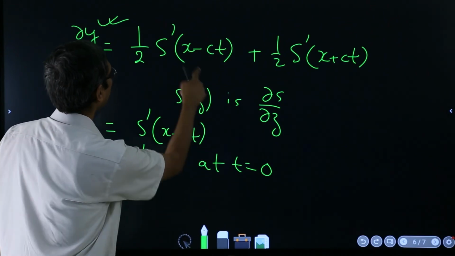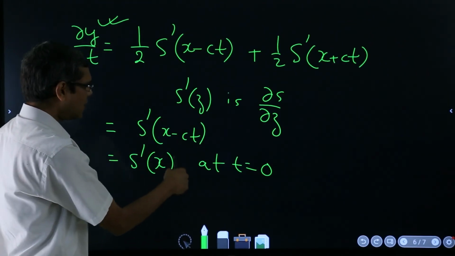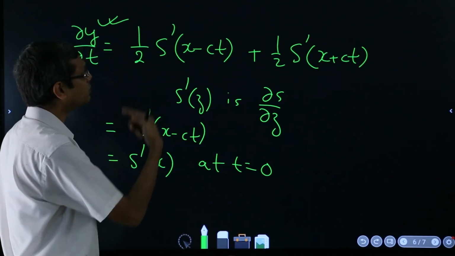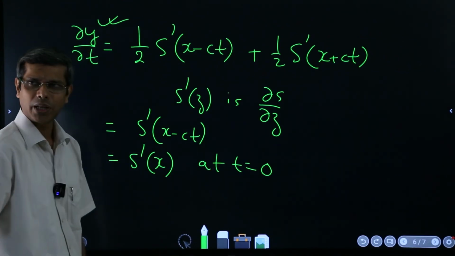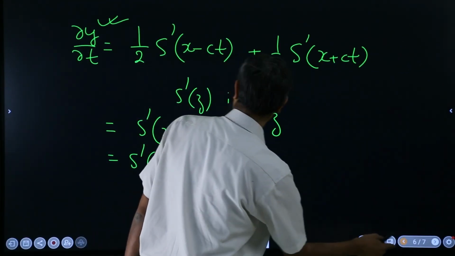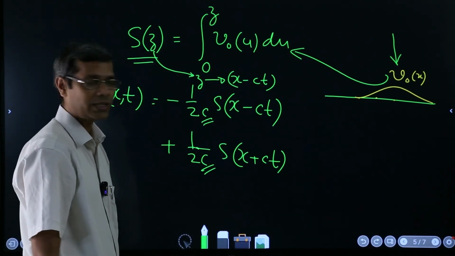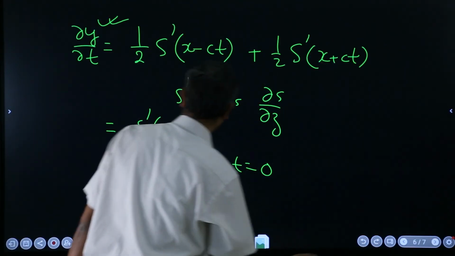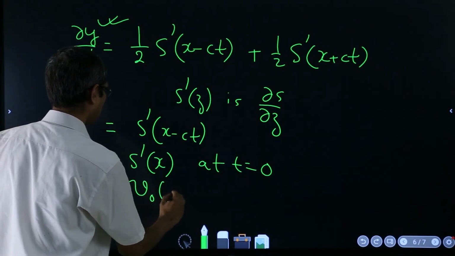But now we are trying to see at t equal to 0 what its profile will be. So you put t equal to 0, you get this. But now what is S prime of z? It is v naught. So that is nothing but v naught of x.